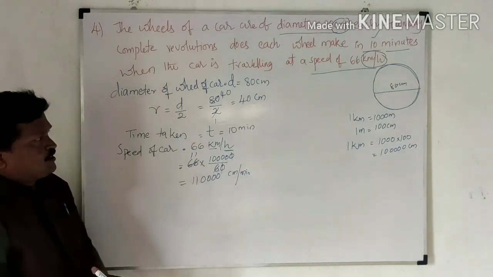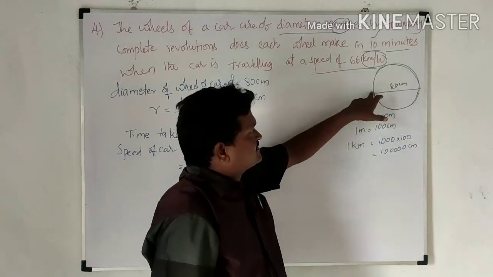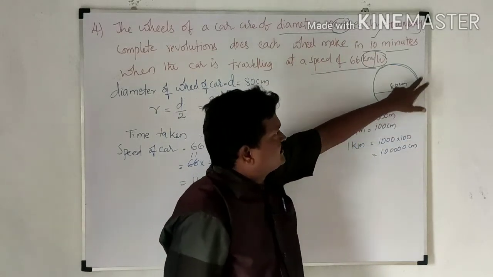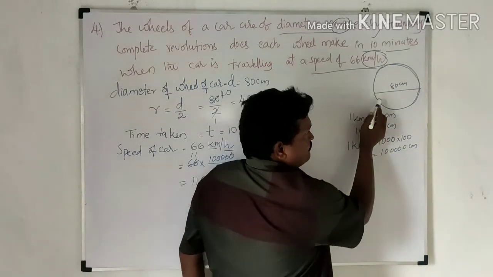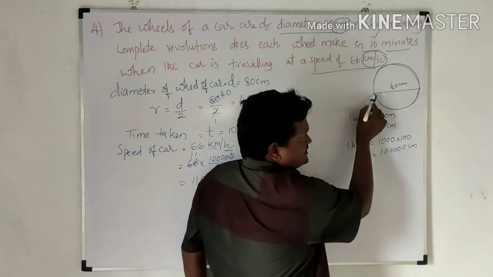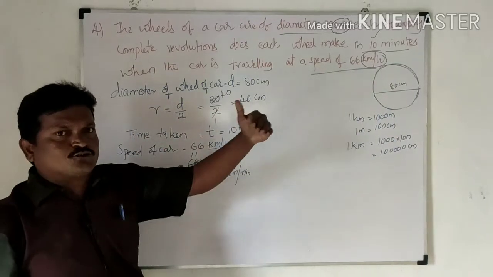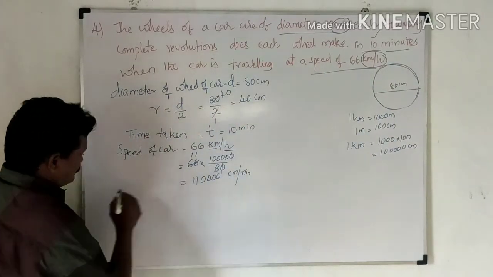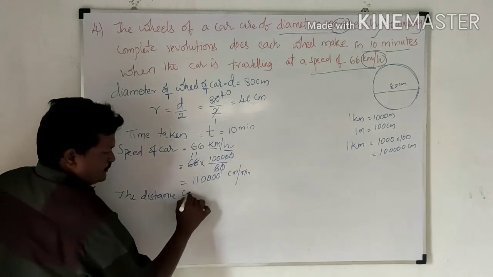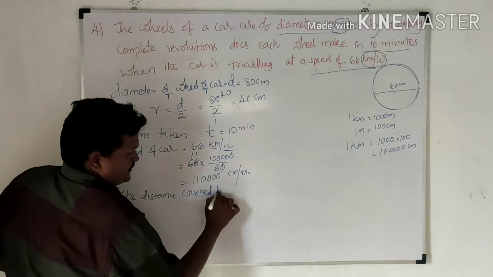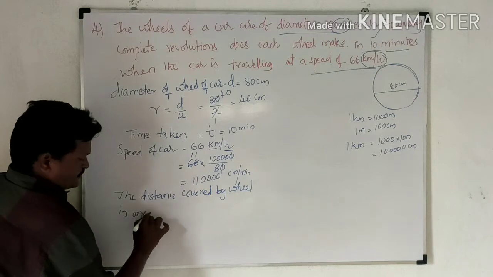Now see, the distance covered in one revolution is equal to the circumference of the circle. Yes, the distance covered by the wheel in one revolution is equal to the circumference of the circle.